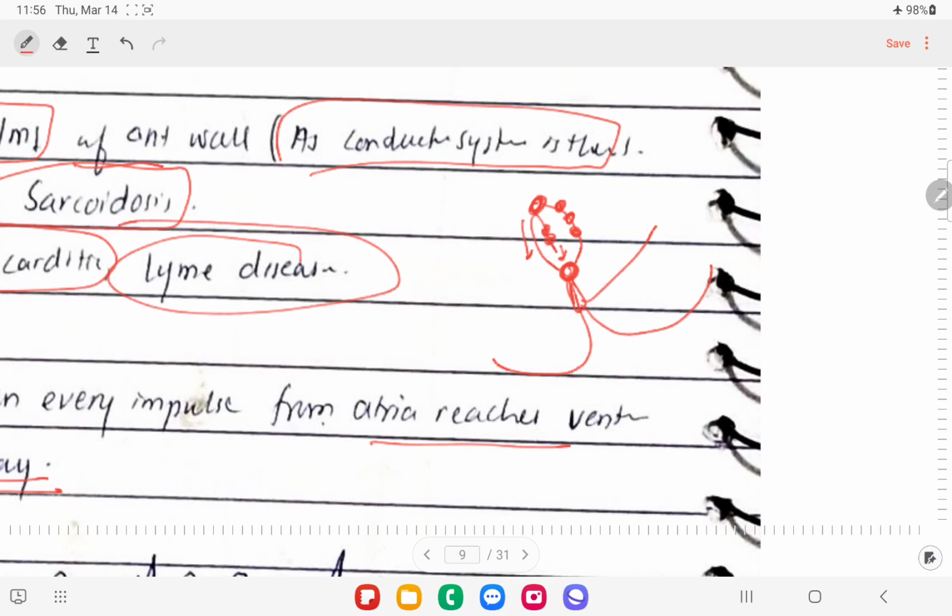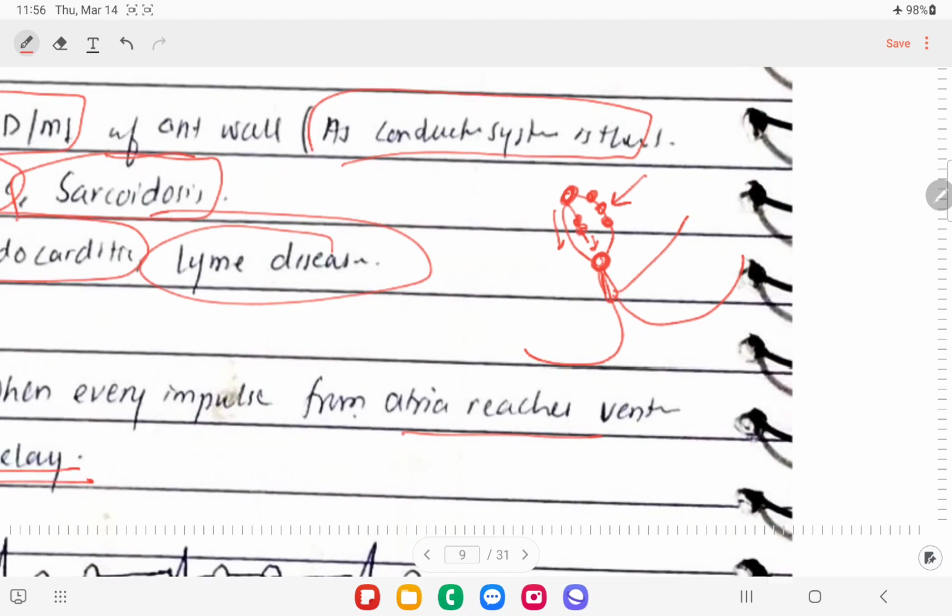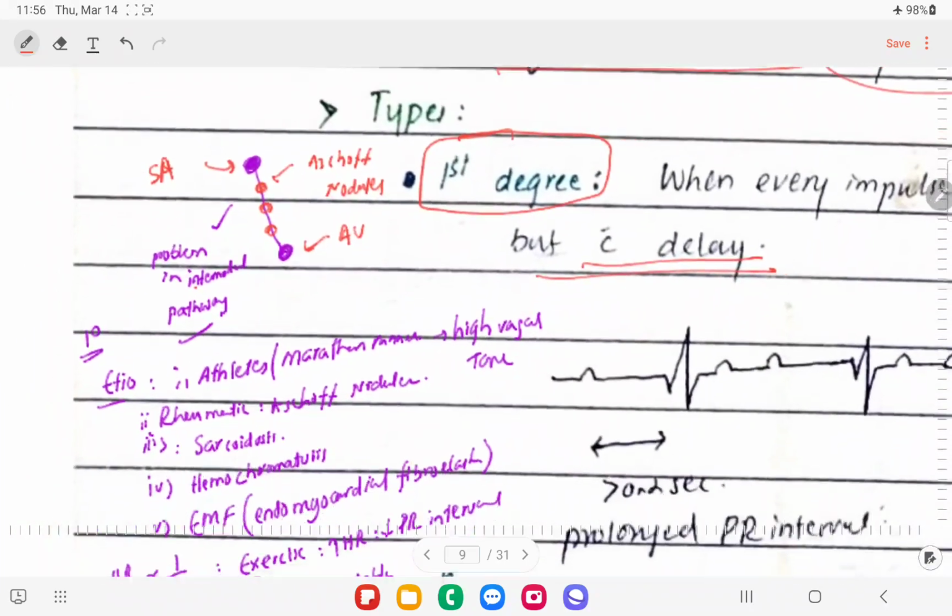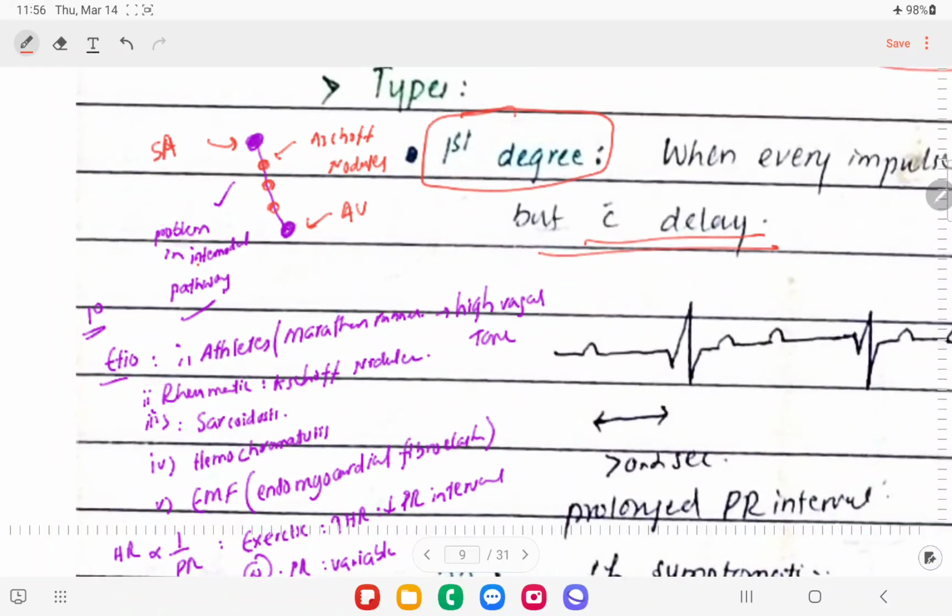So basically the problem is in the internodal conduction, between the two nodes. Let's talk about those conditions. One is Aschoff nodules, which we find in rheumatic fever, so the problem will be in the internodal pathways.